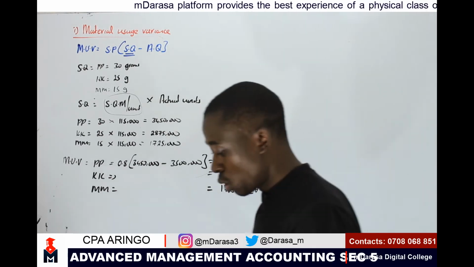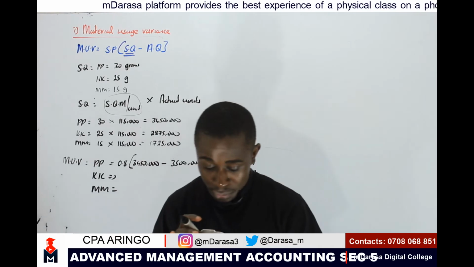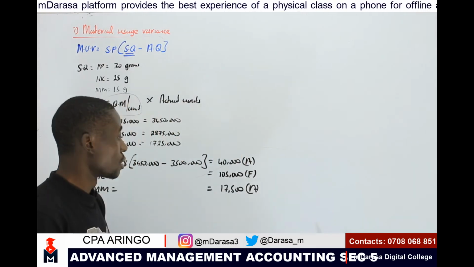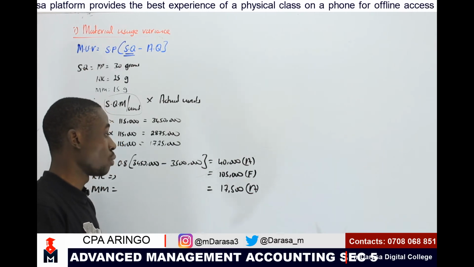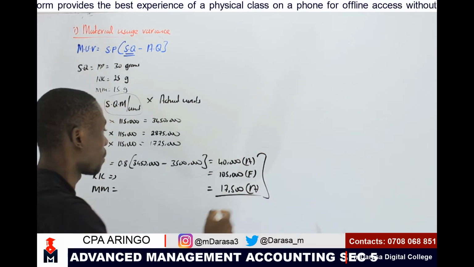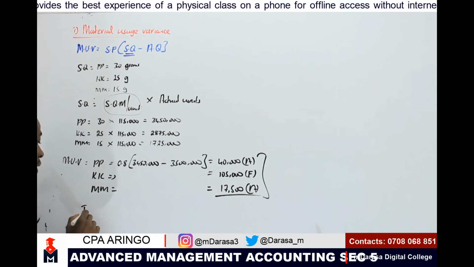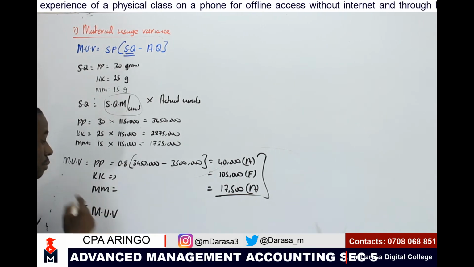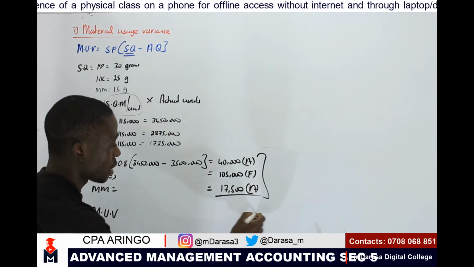So we are done with that first part. The other part, tulikuwa tunahitajika kutafuta nini? Material mix variance. But before that, can you give me the total? Hapa tunapata what will be our total material usage variance? Total material usage variance itakuwa ni ngapi tukiadd hiyo?